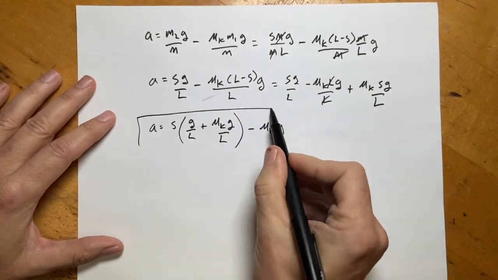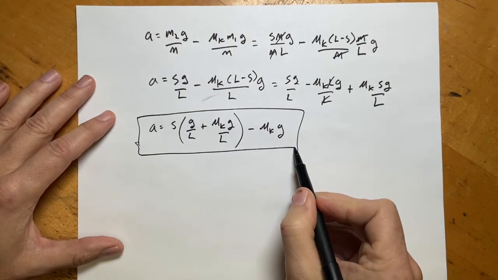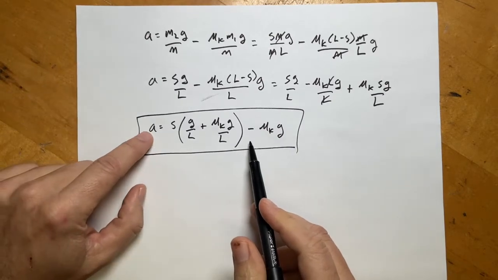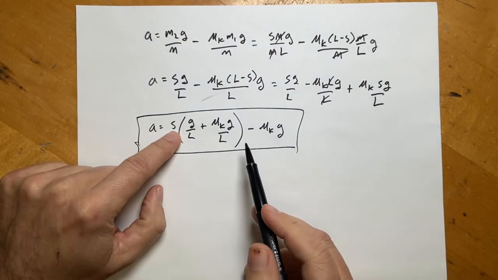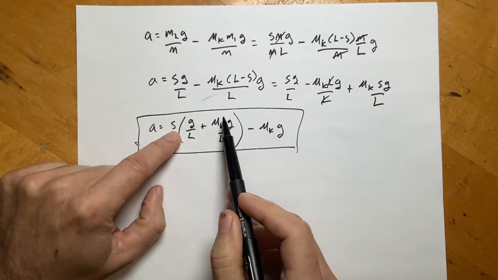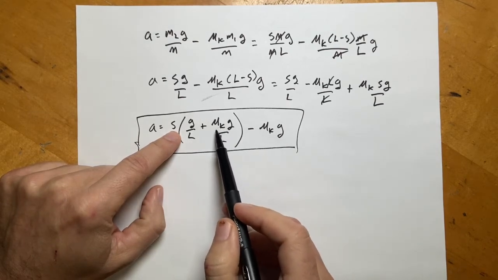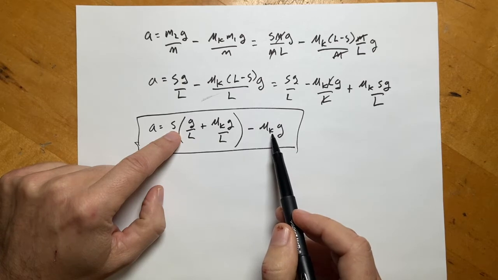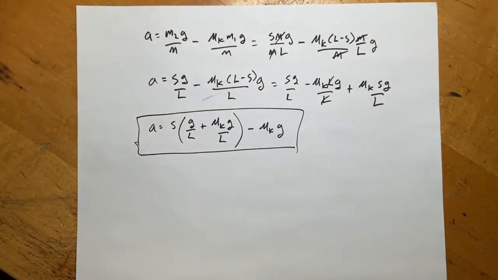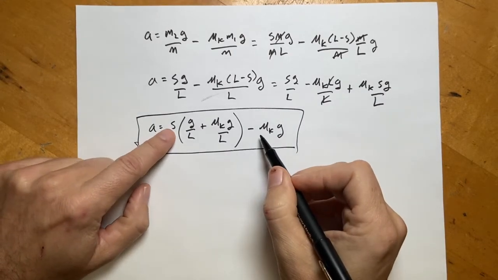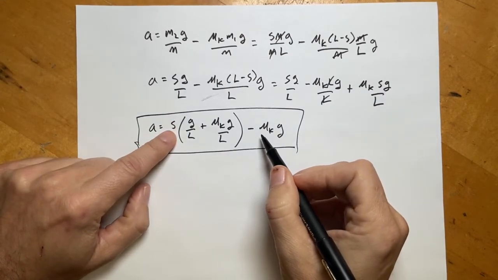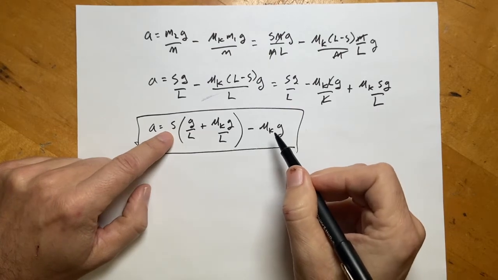And this is kind of interesting because again, the acceleration is proportional to the position. But this constant here is greater than g over L, but then you have to subtract off this other constant over here. So that's just really interesting. I guess you could get a negative acceleration. If s is really small and it's moving, it would slow down and stop.